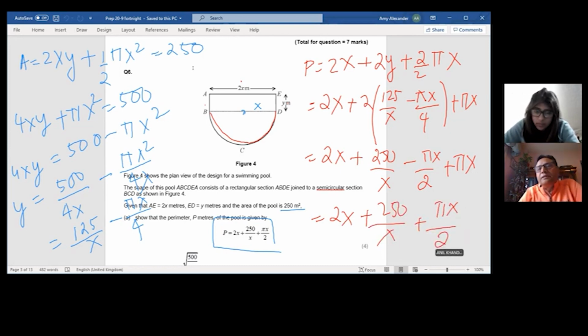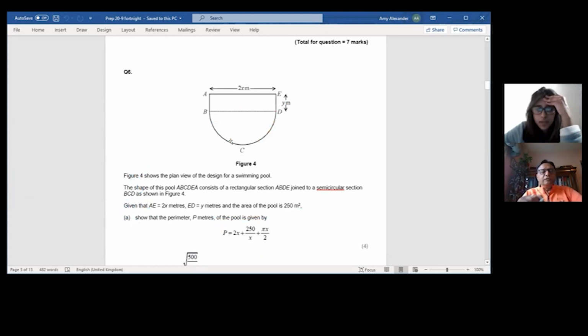Correct? Perfect. You get the same expression. So that is how you can find the perimeter. So that is clear. We can now look into the next part.